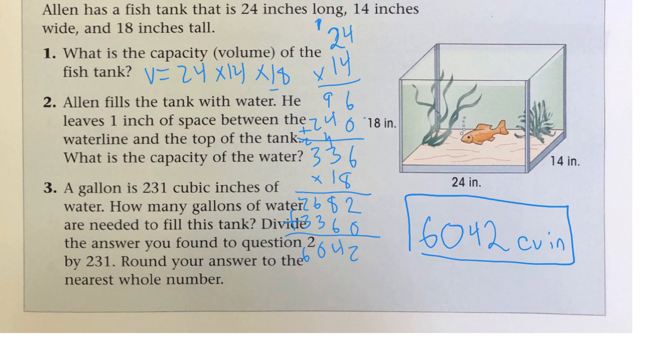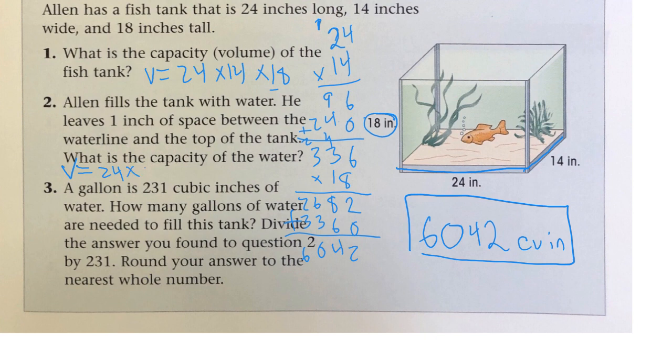Number 2, Alan fills the tank with water. He leaves 1 inch space between the water line and the top of the tank. What is the capacity of the water? So now we would do the same problem, but the height is 1 inch less. So the capacity of the water would be 24 for the length along the bottom. The depth or width is 14 still.